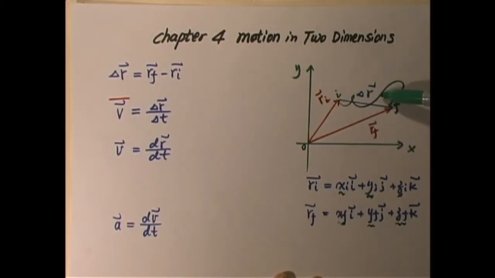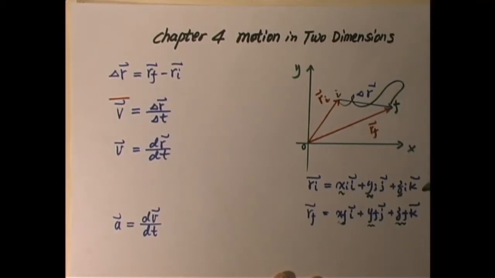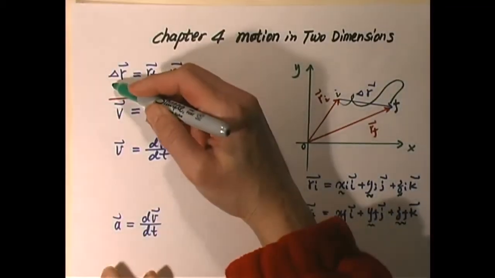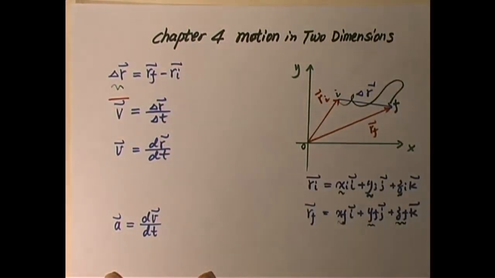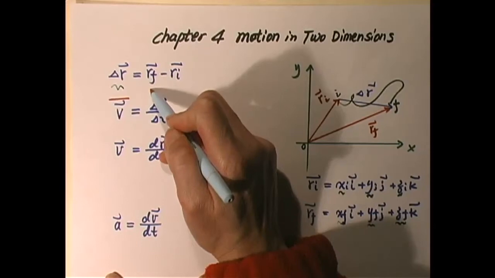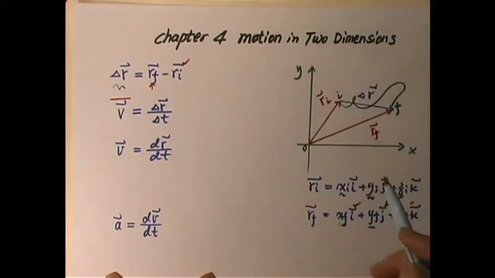Delta r is the notation for change of position three-dimensionally. Even though this is a 2-dimensional diagram, delta r can be 3-dimensional because i, j, k express it. Again, change of position is defined as final position minus initial position. If we consider this 3-dimensional, then the final has its i, j, k terms, and the initial has its i, j, k terms.